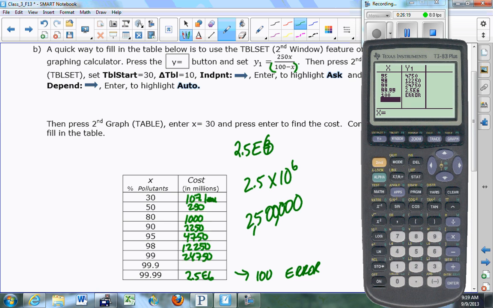Because I'm dividing by 0. Remember we just talked about with our anticipation guide that we can never divide by 0? So if we put 100 in here for x, look at what our denominator is, 100 minus 100. So that's why that says an error there, okay?